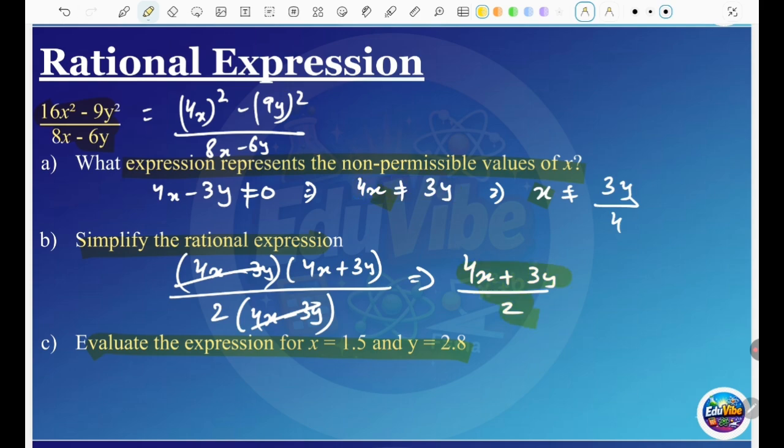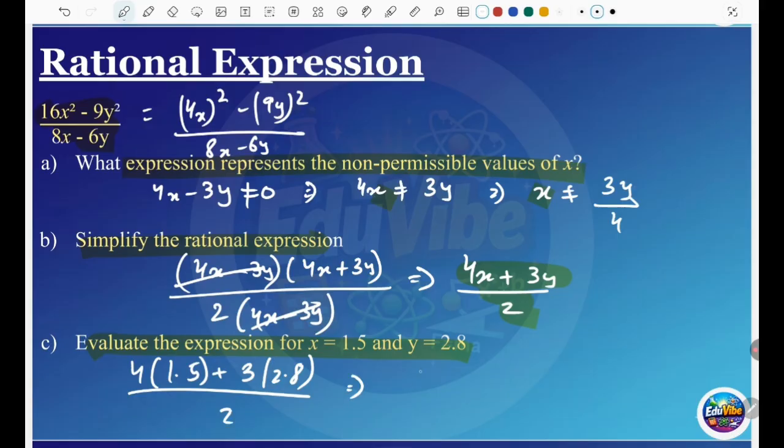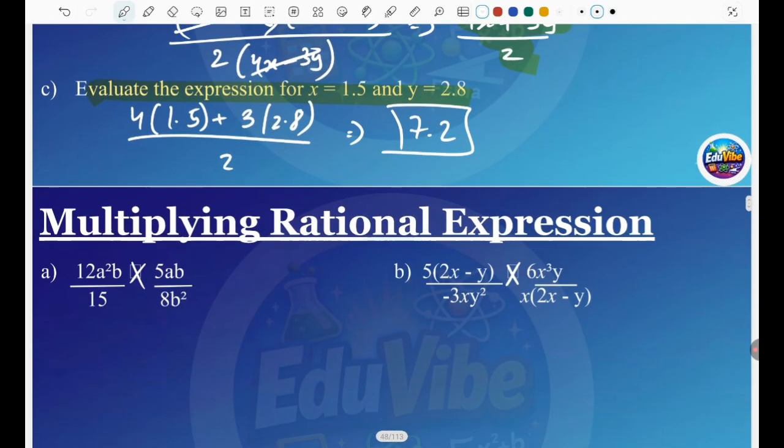You have to put in the x and y values and get the answer. So 1.5 plus 3 times 2.8 divided by 2, you will get about 7.2 as your answer. In a written response, all of these things are covered. That's how you have to deal with the expressions.